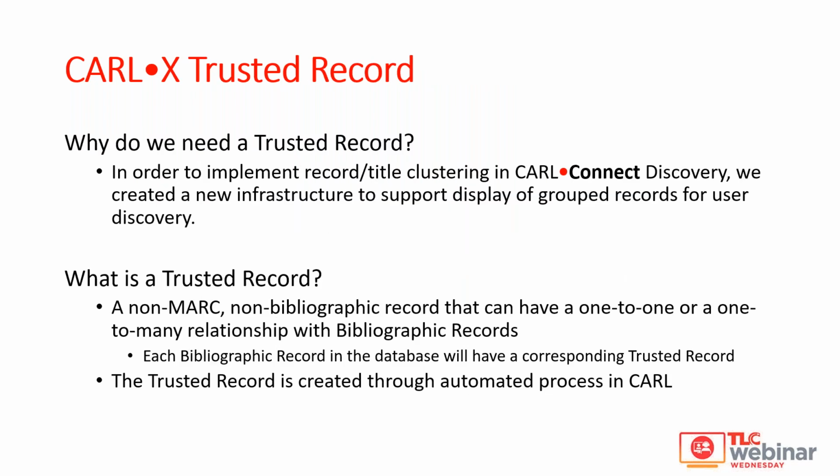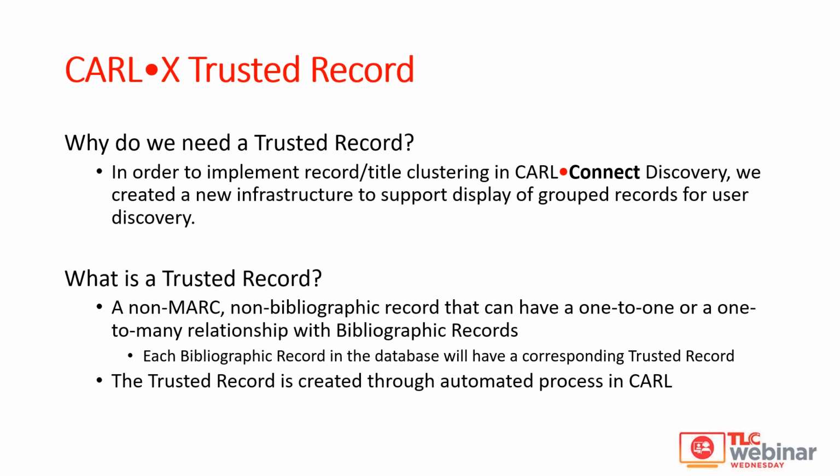As we move forward, again, we have created a trusted record. And why do we need that trusted record within Carl Connect Discovery? In order to implement our record and title clustering in Carl Connect Discovery, we created a new infrastructure to support display of grouped records for user discovery.